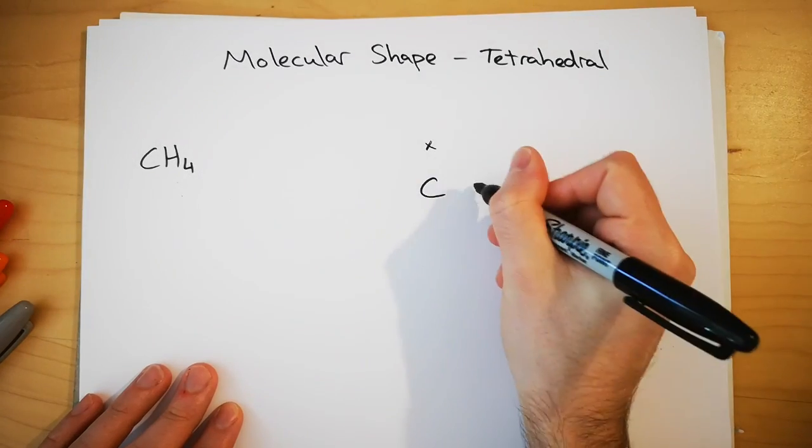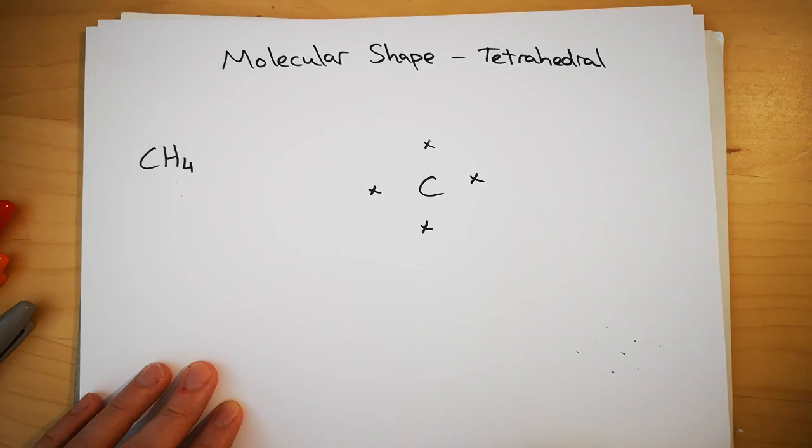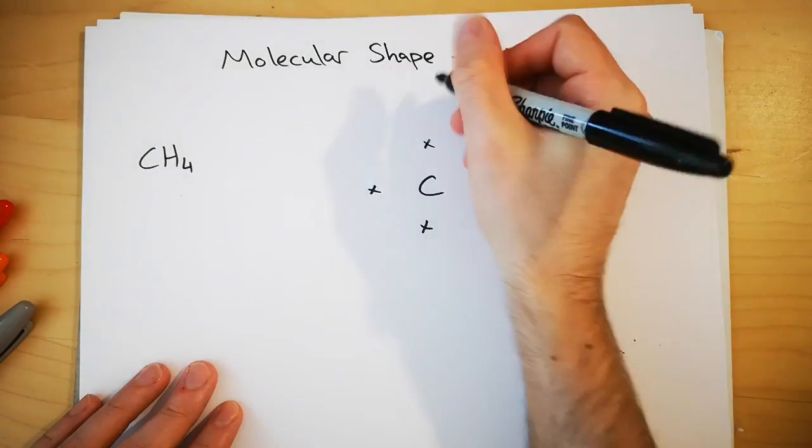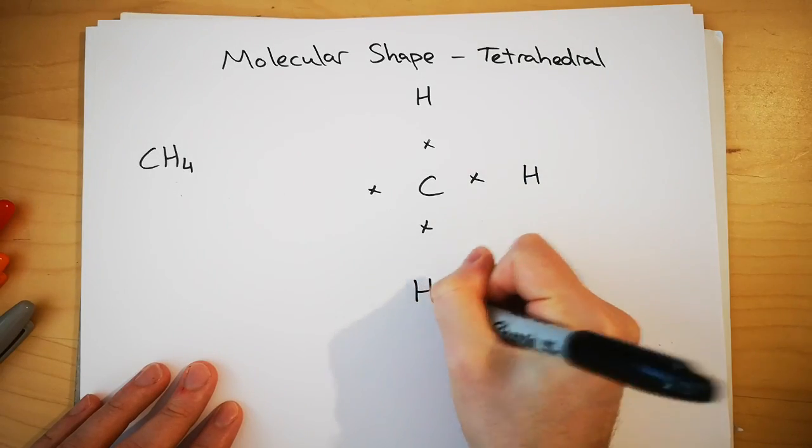And I'm going to have 1, 2, 3, 4 outer electrons, because the electron arrangement is 2, 4. If you forget the electron arrangement, it's in the data book, and you have to be using that data book throughout the year. Now I've got 4 hydrogens, and I can place them around here like this.